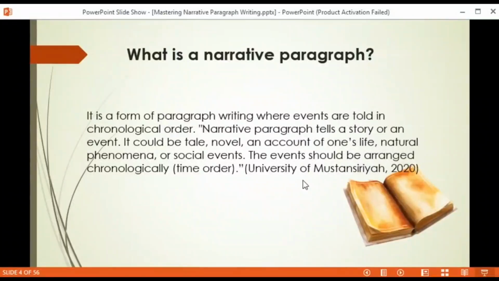A narrative paragraph is a form of paragraph writing where events are told in chronological order. It tells a story or an event. It could be a tale, a novel, an account of one's life, natural phenomena, or social events. The events should be arranged chronologically.